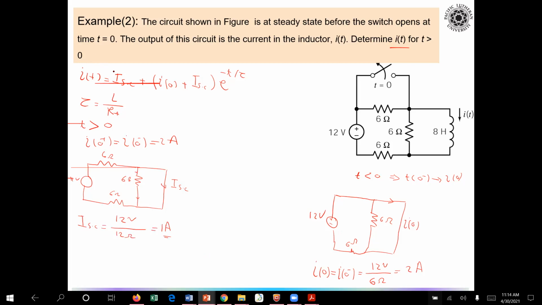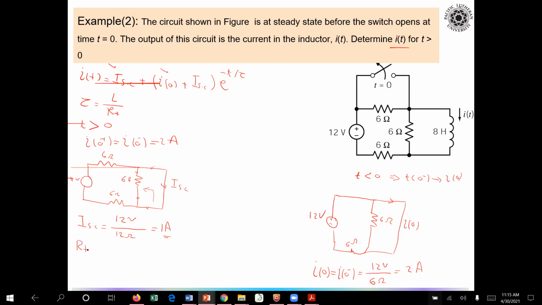What is still left? I calculated i short circuit. The only thing I need is tau, which is L over R Thevenin. How much is R Thevenin in this case, guys? Open circuit. Look at the side, what do you end up with?